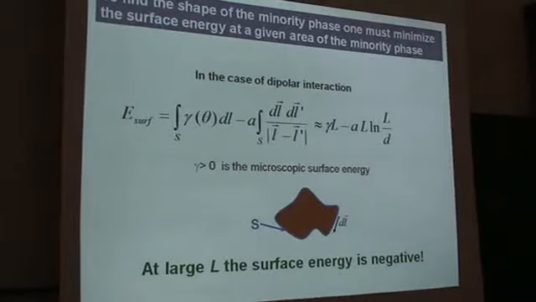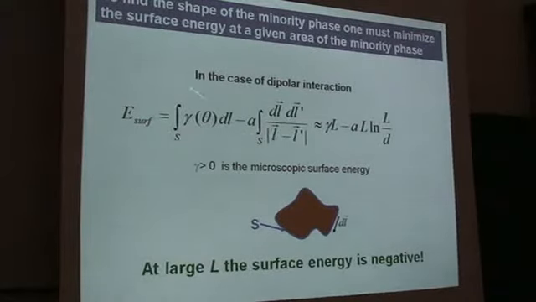So instead of this Kirchhoff formula, in principle, you have to write the surface energy at arbitrary shape of minority phase, not necessarily singly connected. So you can write a system of arbitrary bubbles which may or may not be connected, and calculate energy and compare them. This formula represents this mathematical tool.